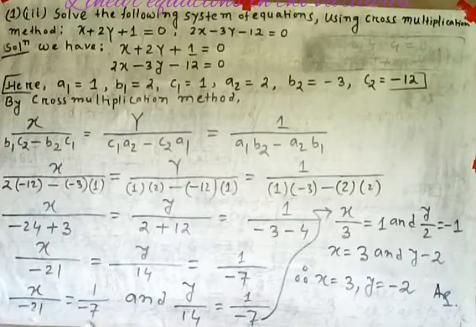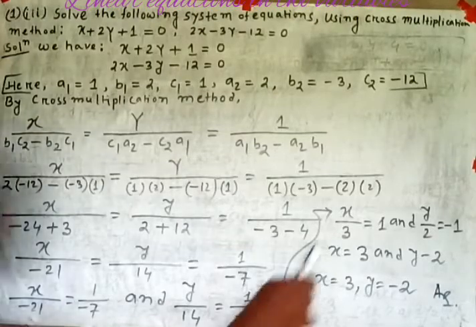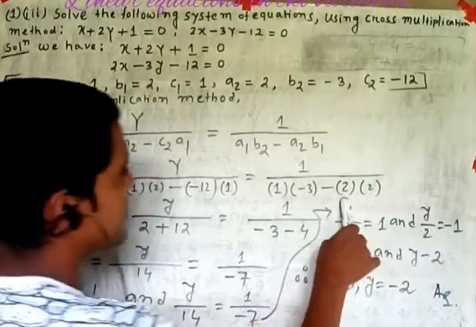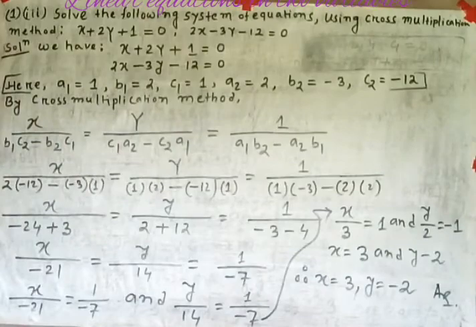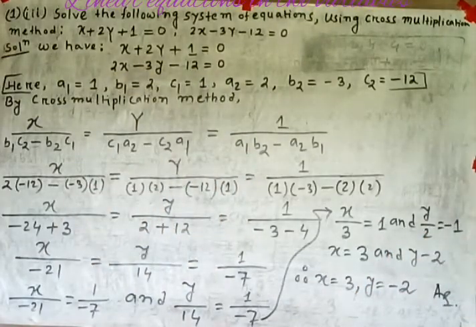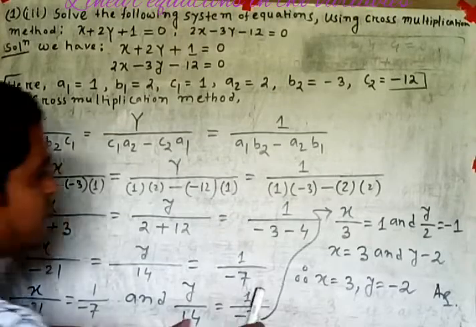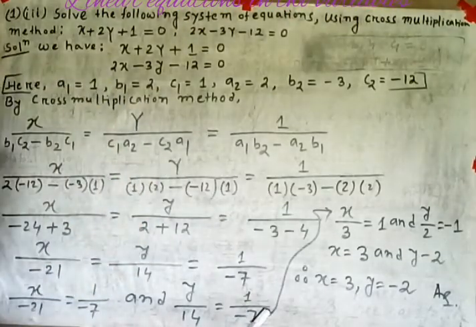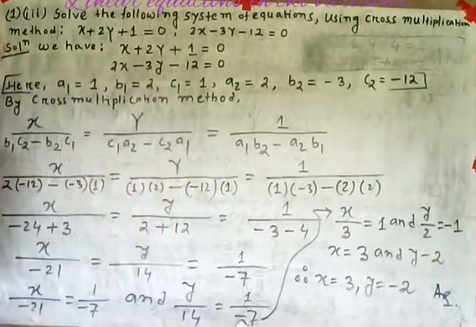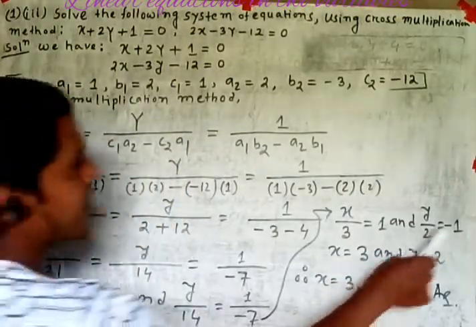Then 21 divided by 7 means 3, that's why x divided by 3, and only 1 remains, so x by 3 equal to 1. And y by 2 equal to minus 1. How come? y by 14 equal to 1 by minus 7, it means 7 twos are 14, that's why y by 2, but there was a minus symbol, that's why minus 1.